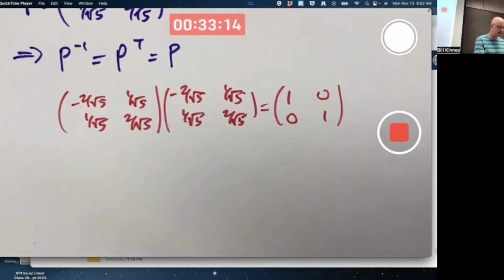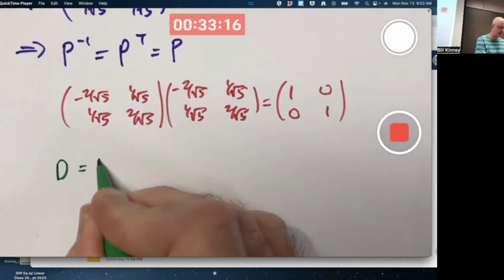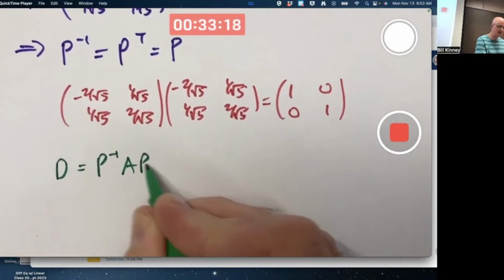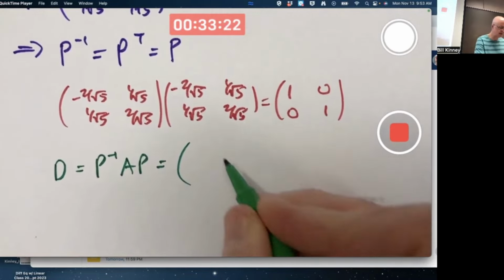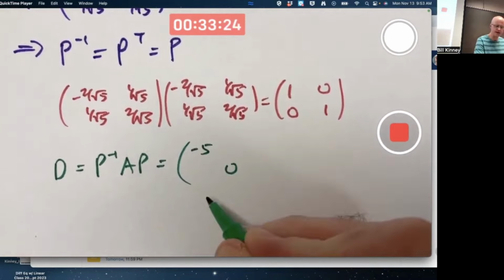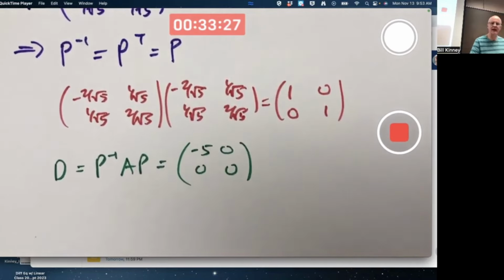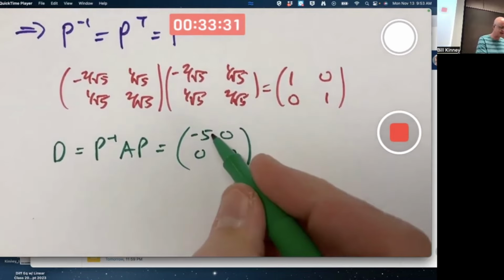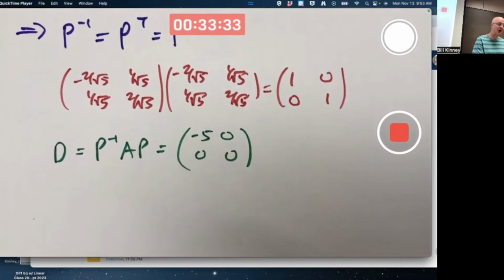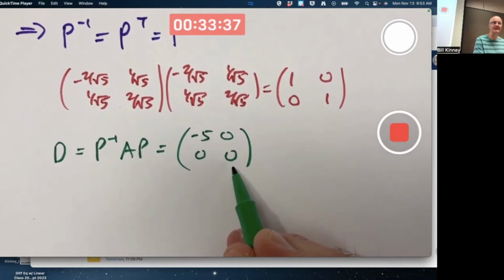And then if we did diagonalize, if we computed P inverse AP, we would get a diagonal matrix with the eigenvalues on the main diagonal, -5 and 0. This matrix, D, would have mostly zeros in it. It is a diagonal matrix because the things off the main diagonal are all zeros. Yes, this number on the main diagonal is also a 0. That's okay, it's still a diagonal matrix.